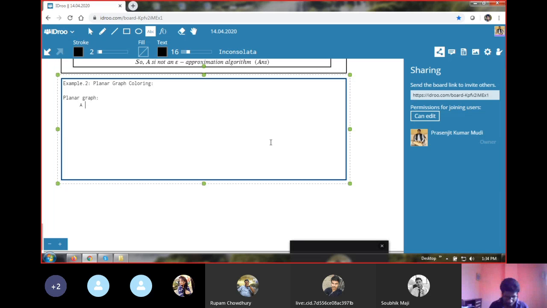Okay, a finite graph is planar graph if the graph can be drawn on a plane so that its edges meet only at vertices.